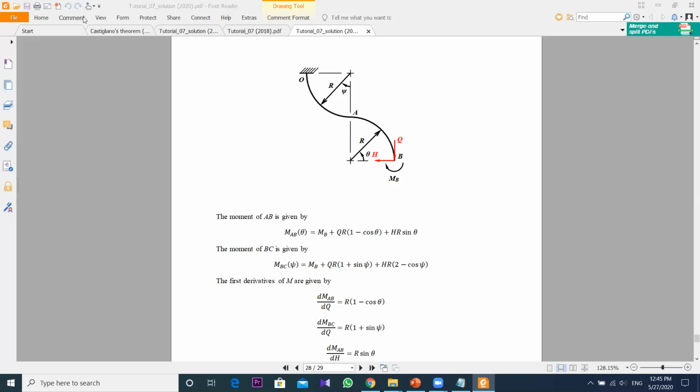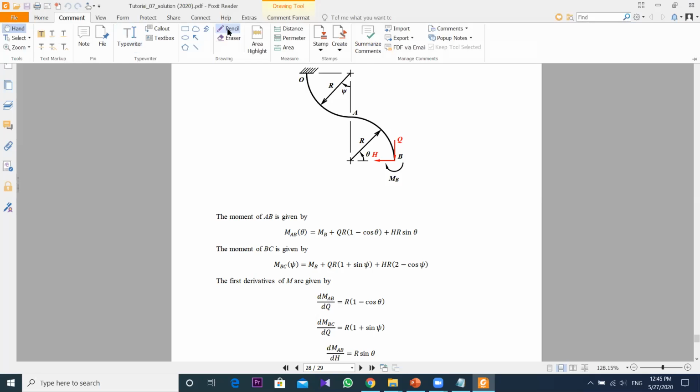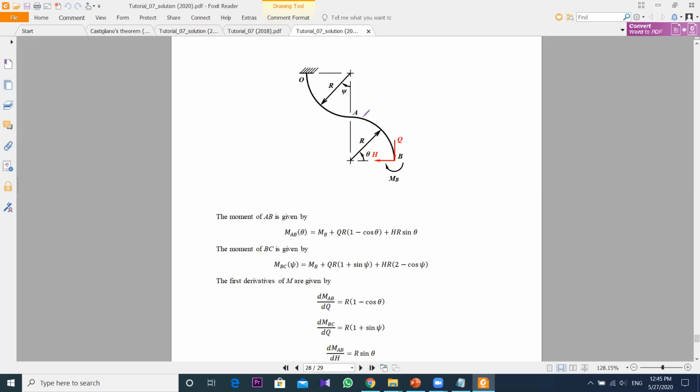Can I draw here? So if you get some point somewhere here, this length is R cos theta, but you need to subtract this distance from R. The total distance is R. This distance you need to subtract. That's the thing they did. Then you will get this distance.